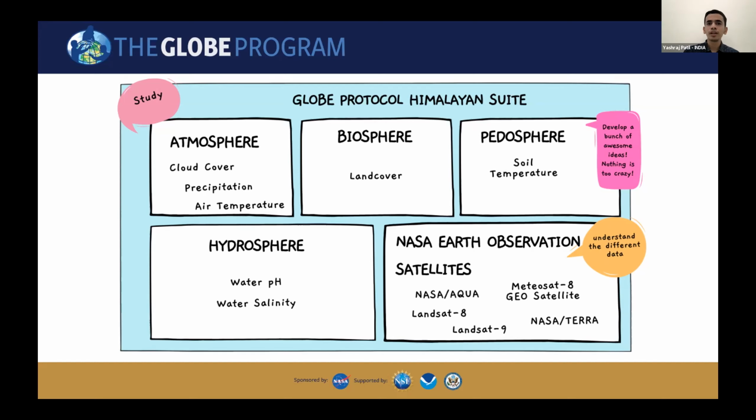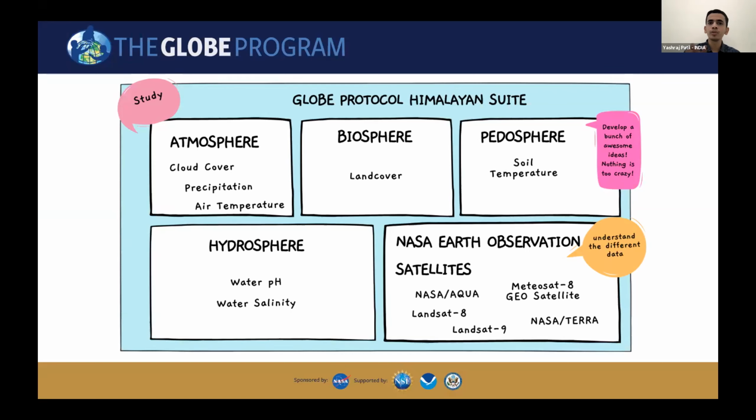I found that Terra passes in the morning, between 11 a.m. and 12:30 p.m., and Aqua passes in the afternoon, between 1 p.m. and 2:30 p.m. That was my average reading of the overpass timing.